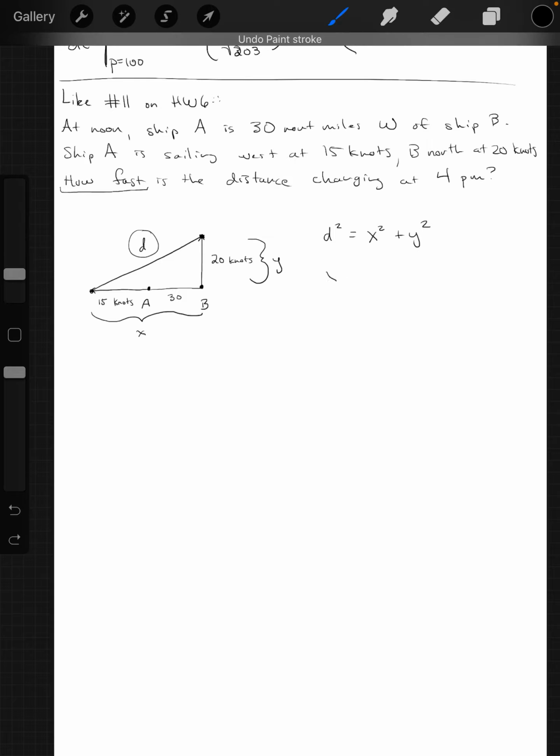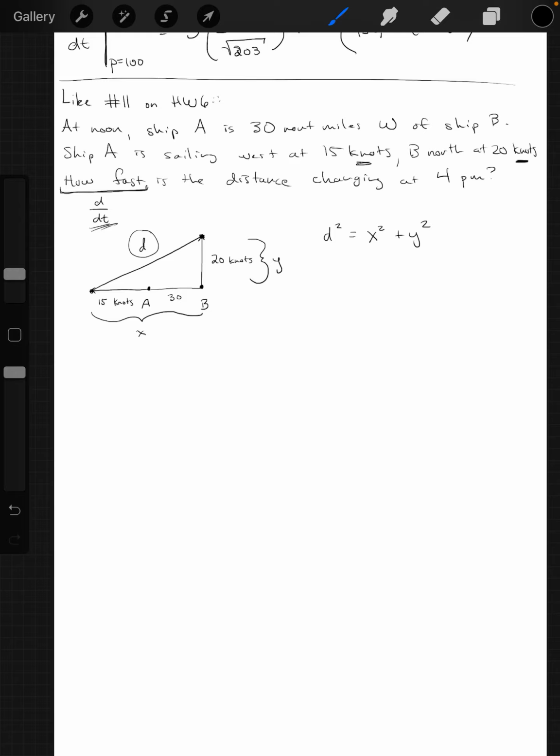Oh, before we do that real quick, actually, I almost forgot. How fast is also telling us this is going to be a derivative with respect to t problem. Right? So there's going to be a time involved in there somewhere. Also, the fact that we were given speeds here also tells us that we know some things about dt.